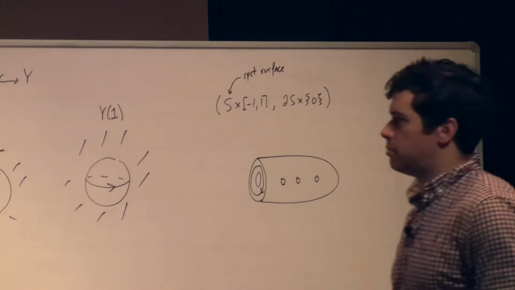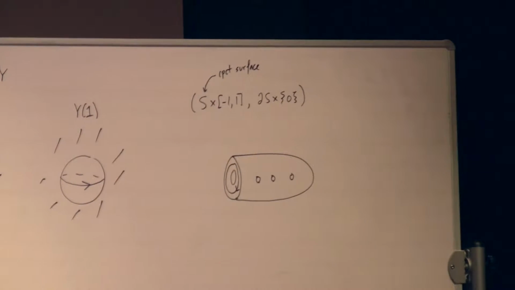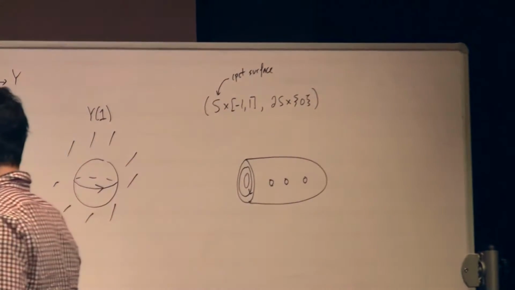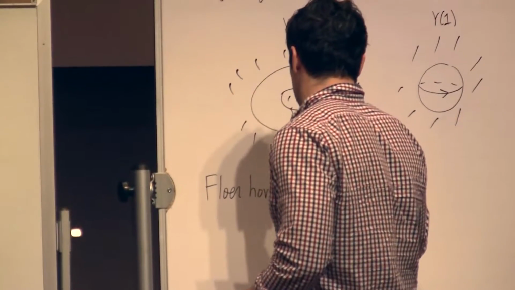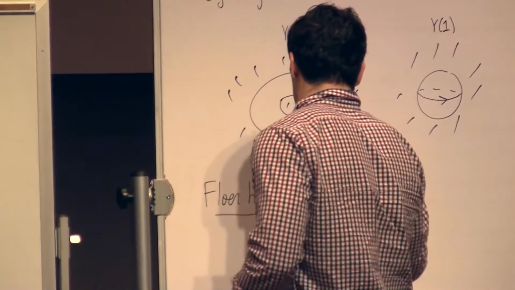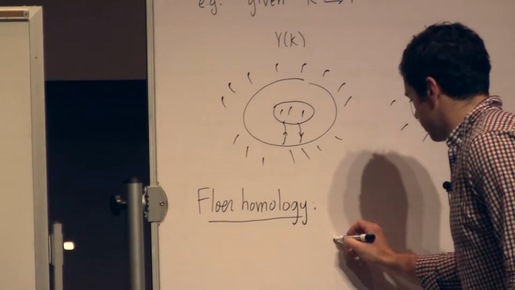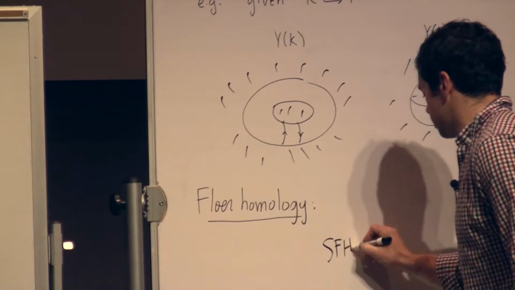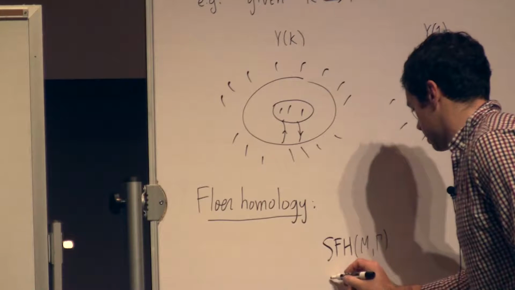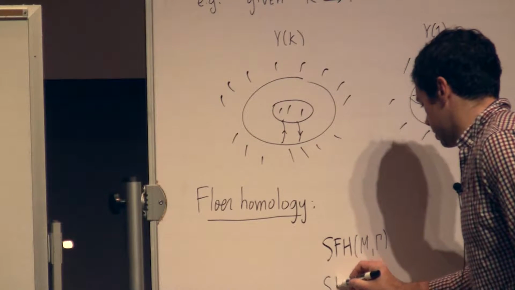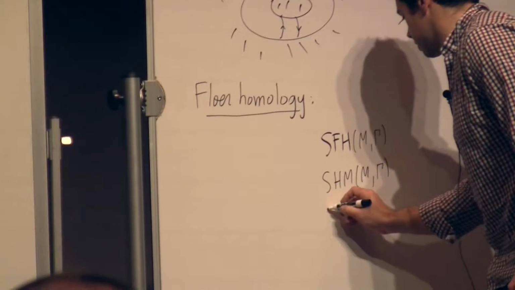And so I mentioned briefly that to a sutured manifold, you can associate a Floer homology theory in various contexts. The relevant settings for this talk will be the Heegaard Floer setting, the monopole Floer setting, and the instanton Floer setting.